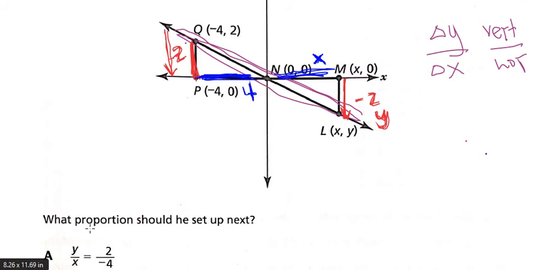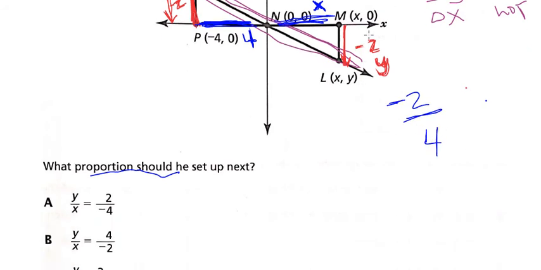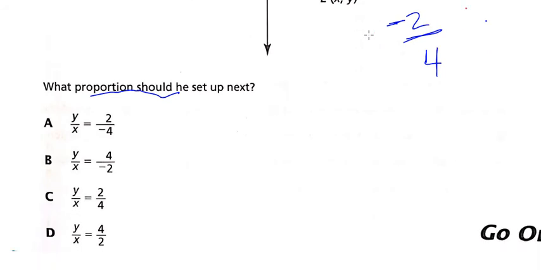So it's asking me what proportion I should set up to find that slope right there. Well, I know it's going to be change in y over change in x. Well, if I look here, my change in y is -2, and my change in x is 4. So I'm going to go look at my options here. And first of all, all of them do have y over x, so that makes sense.